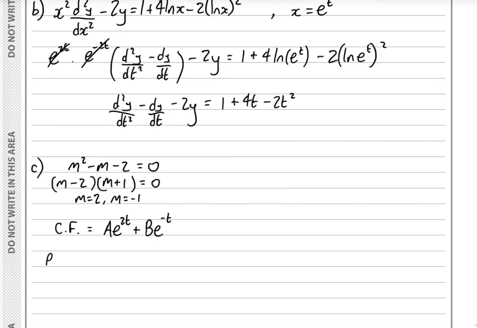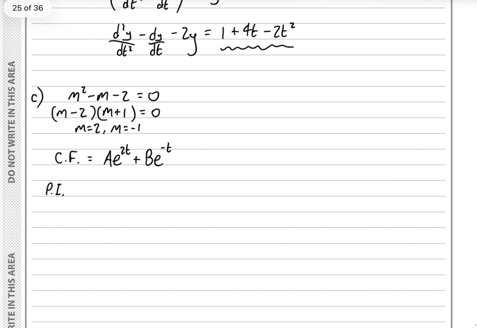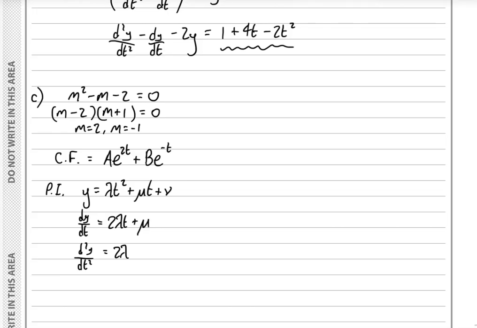Now for the particular integral, we want to try something similar to this, so a general quadratic expression. Y is equal to lambda t squared, I almost wrote x, mu t plus nu. So the first derivative, 2 lambda t plus mu, and the second derivative, 2 lambda.